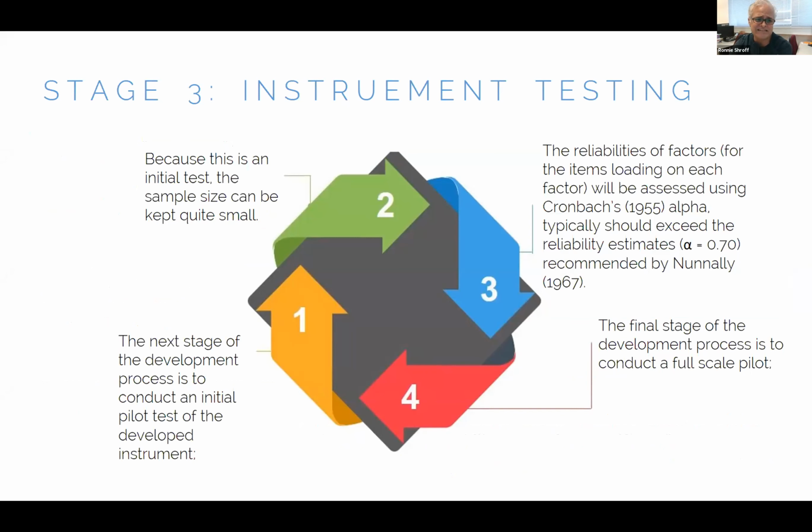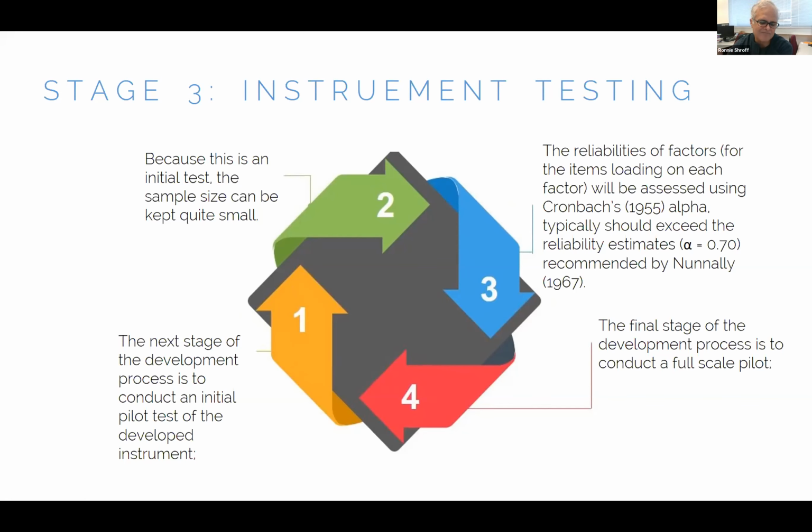But basically instrument testing comprises a process to conduct an initial pilot test of the developed instrument. Because this is just instrument development and just a pilot study, we can also keep the sample size relatively small. We also want to ascertain the reliability assessed through Cronbach's alpha.